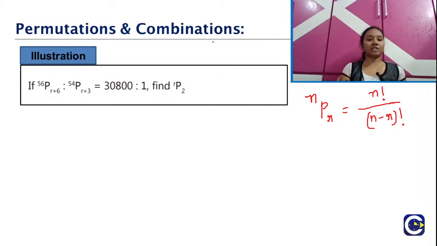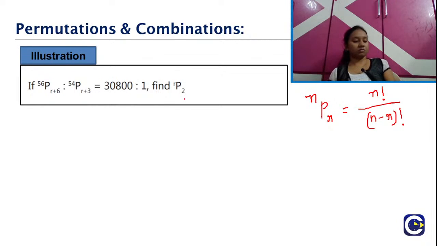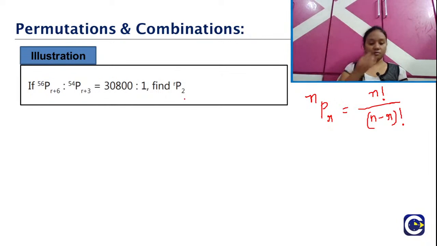Here they are not asking you to find the unknown value r. Instead, they are asking you to find the value of rP2. So the first aim is to find the unknown value r, and then substitute it to find the value of rP2.